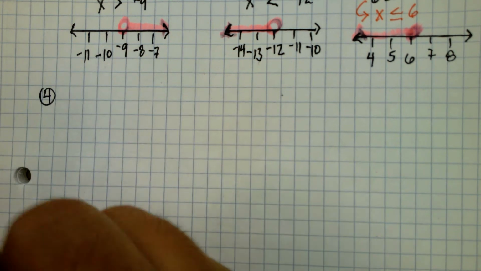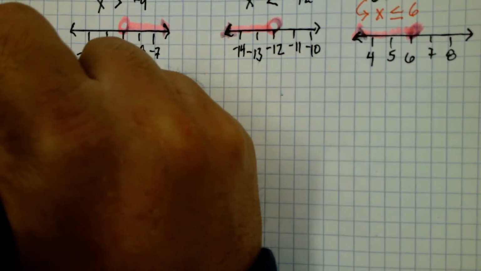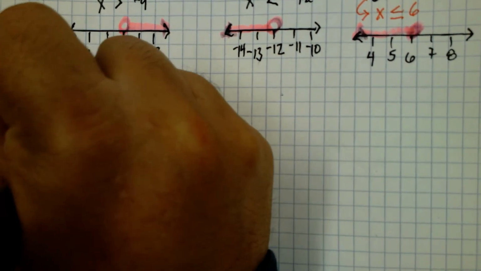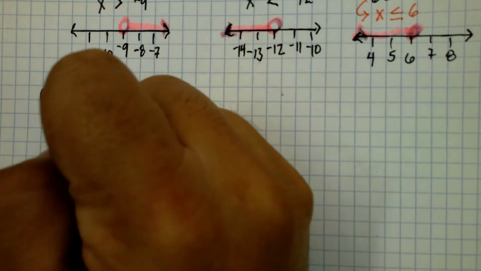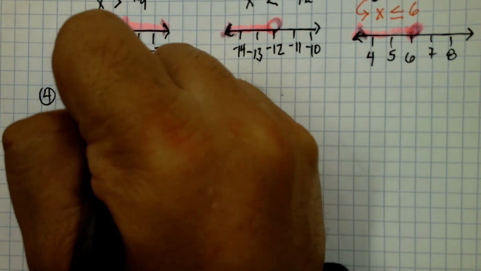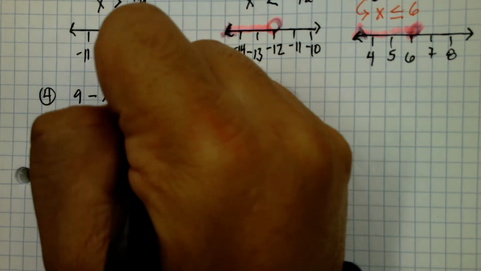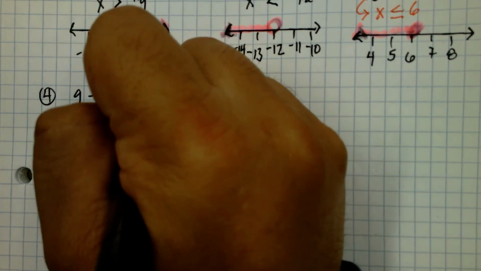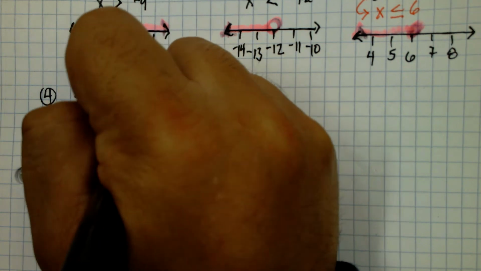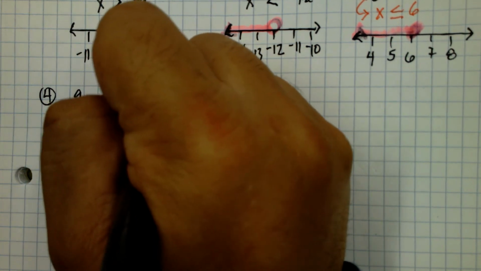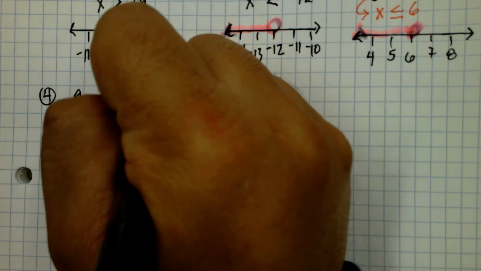It's not going to look like a 2-step equation, but it is. Let's see. 9 minus x is greater than or equal to negative 2.